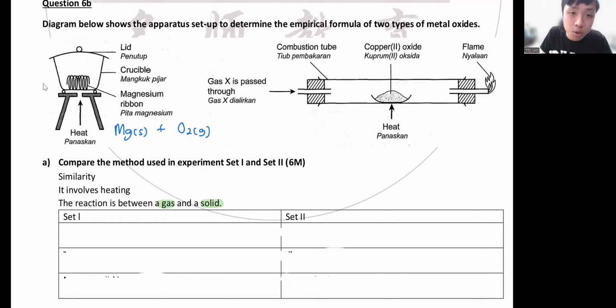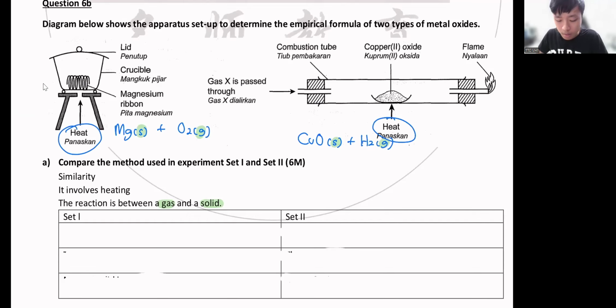The reaction is between solid and gas. Same thing for the right side. Copper(II) oxide, a solid. Hydrogen, a gas. So both reactions are between solid and gas. This is the same thing between them. And also both involve heating.